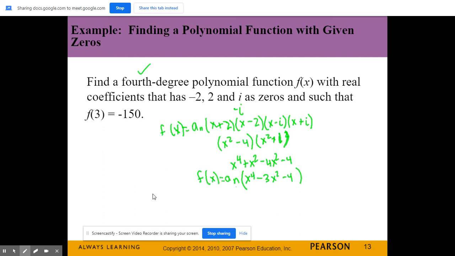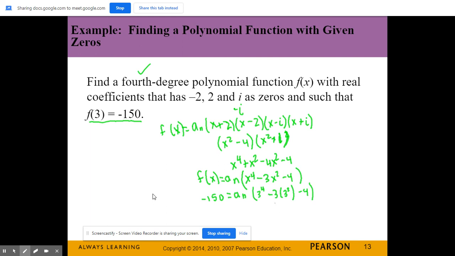So the question is, what is a sub n? Well, now that's where this part's going to come into play. I can substitute the 3 in for x and the -150 in for f of x. All right, 3 to the fourth.